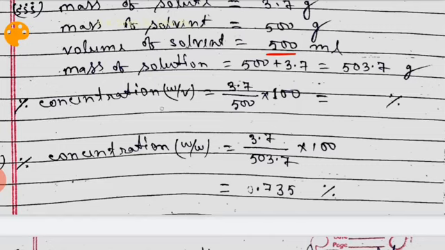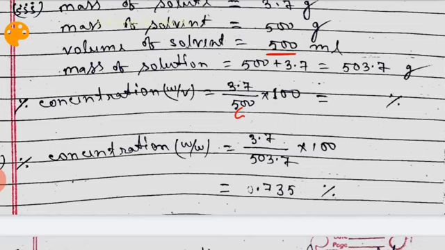Now, percentage concentration W by V. As you have read, the formula is percentage concentration W by V is equal to mass of solute by volume of solution into 100, means mass of solute 3.7 by volume of solution 500 into 100.